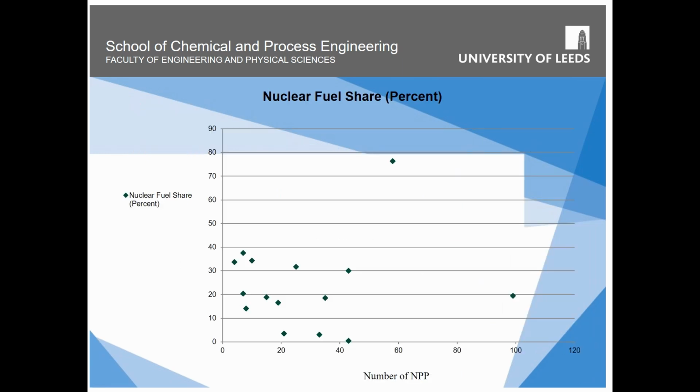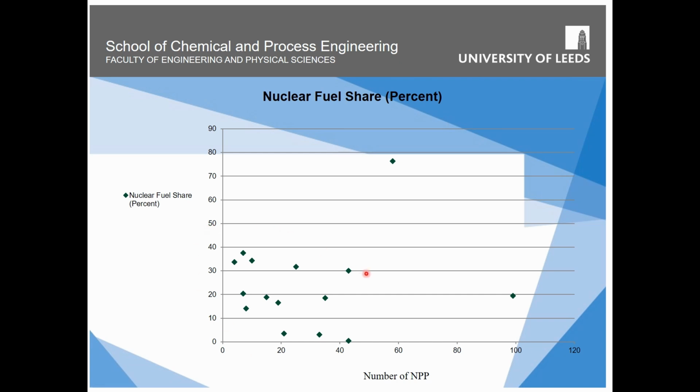Now let's think about those countries in a different way of showing that, in terms of how much electricity within that country is actually generated by nuclear, the share from 0 up to nearly 100%, and we can think about the actual number of nuclear power plants that are there.